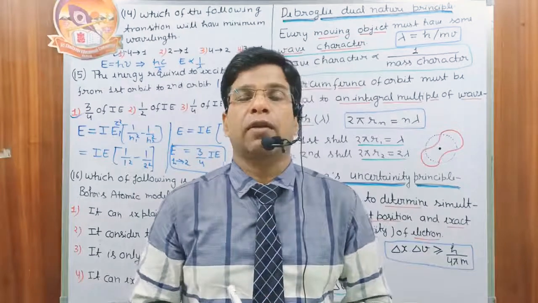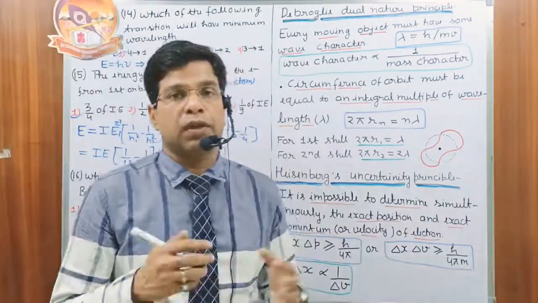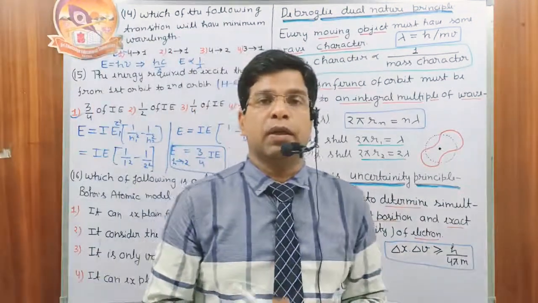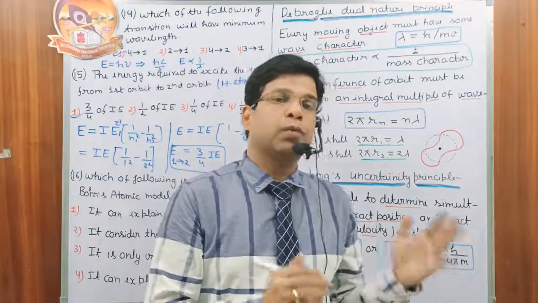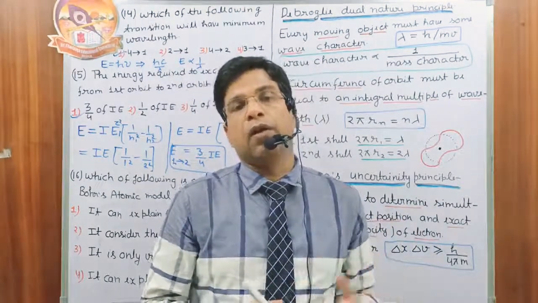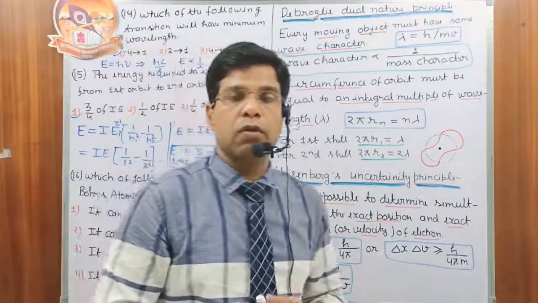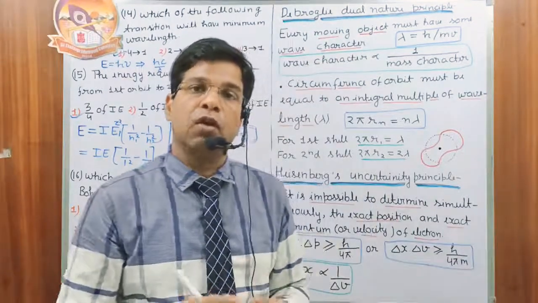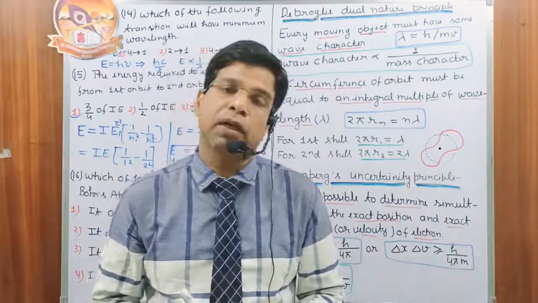Okay, now one of the assumptions of the Bohr model is the angular momentum, mvr is equal to nh upon 2 pi. That assumption was proved by de Broglie. According to de Broglie, only those shells are possible for which the circumference of the shell or orbit is an integral multiple of the wavelength of the electron.